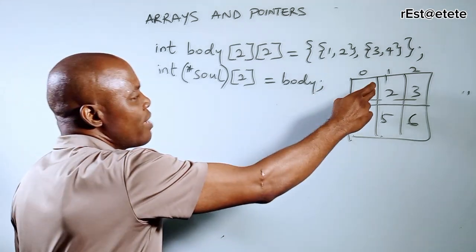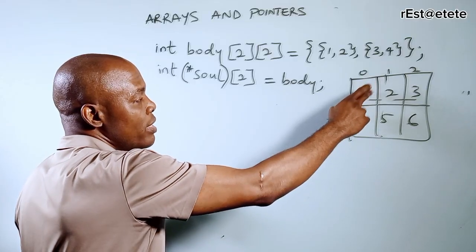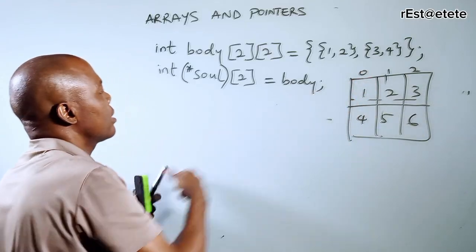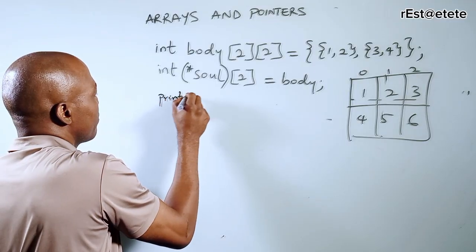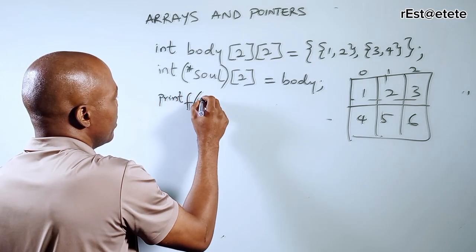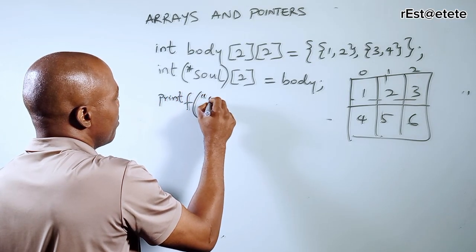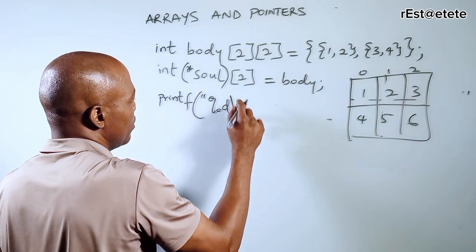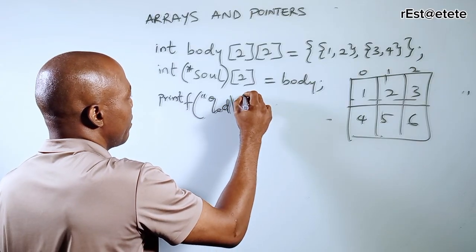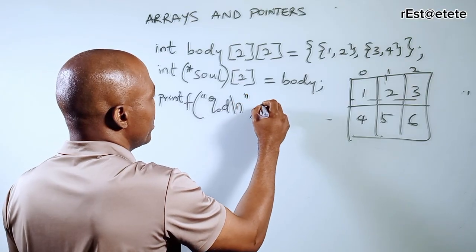Now, if I'm going to access the variable, the value of this, that will now be printf, then %d\n. I'm just putting my new line. Then I will say p.